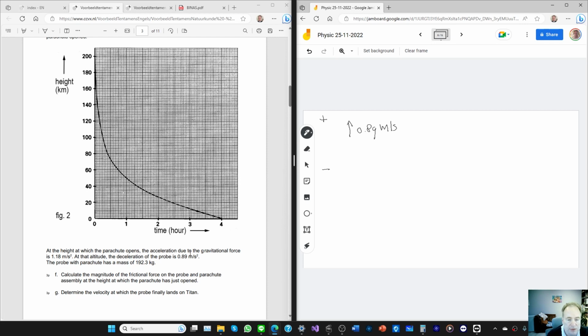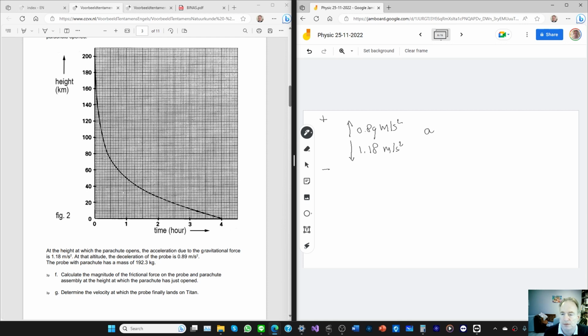And acceleration due to gravitational force is 1.18 at that height, so that's a little bit larger in magnitude. So there is a net acceleration of 0.89.